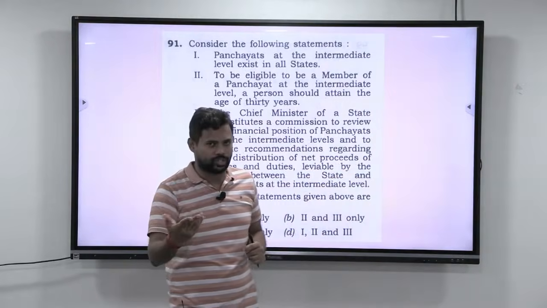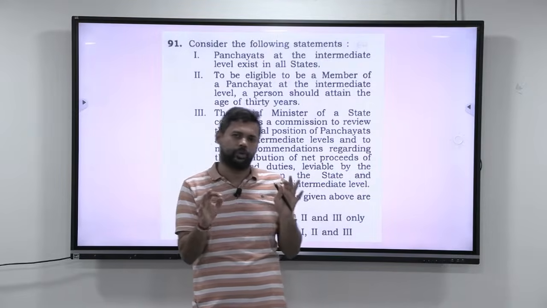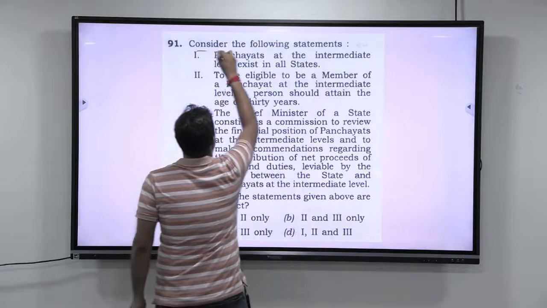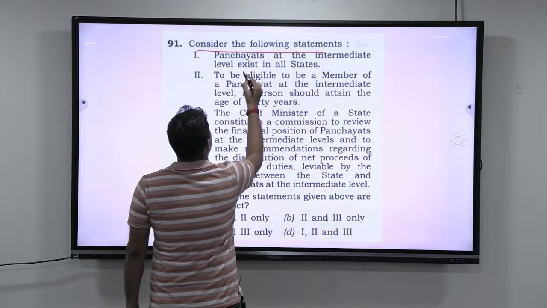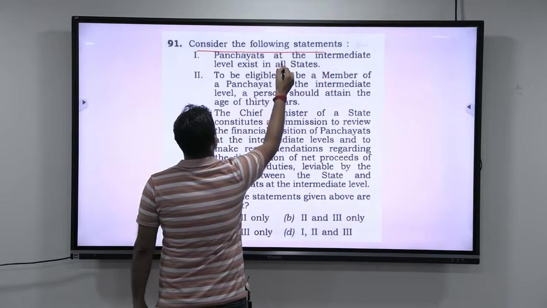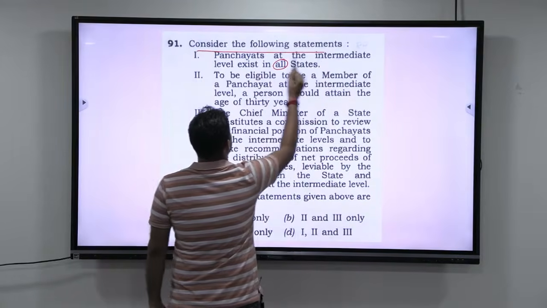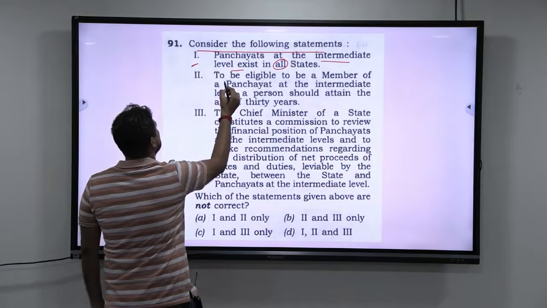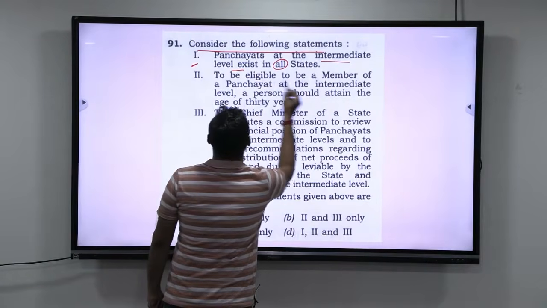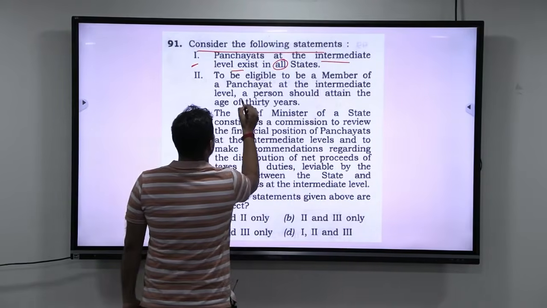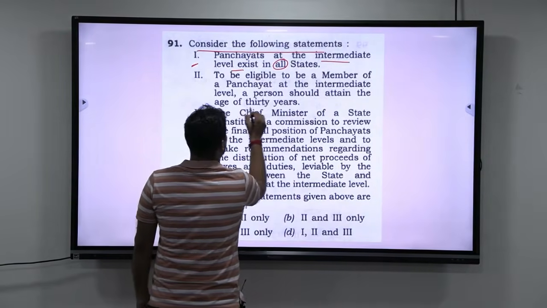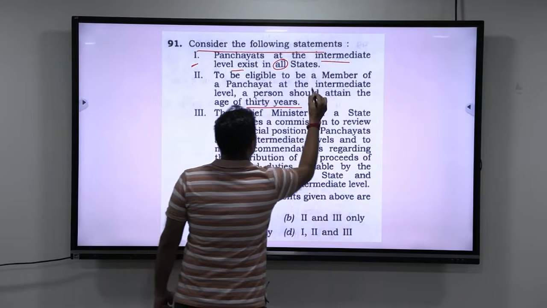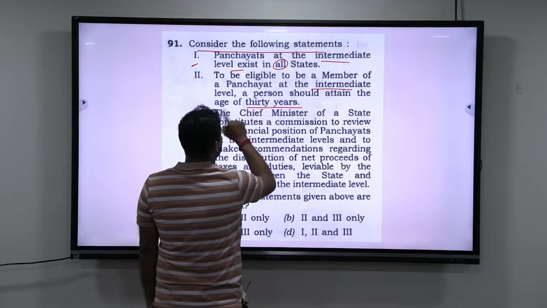But let's read out the question. Again, the question is not that difficult. It is purely coming straightforward from polity conventional topics. Consider the following statements. The first statement is panchayats at the intermediate level exist in all the states. To be eligible to be a member of a panchayat at the intermediate level, a person should attain the age of 30 years.